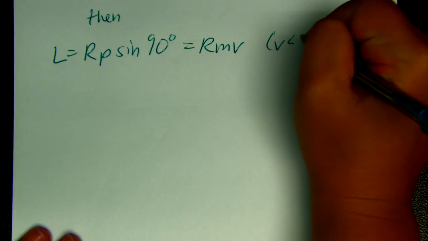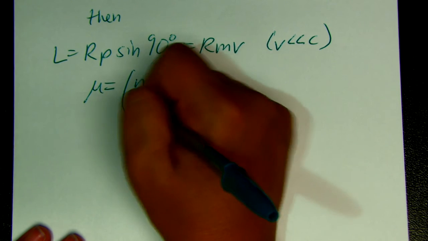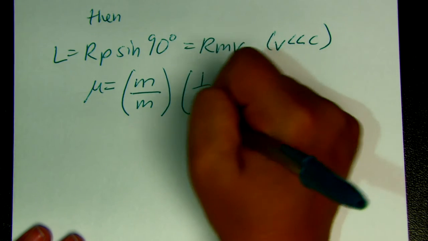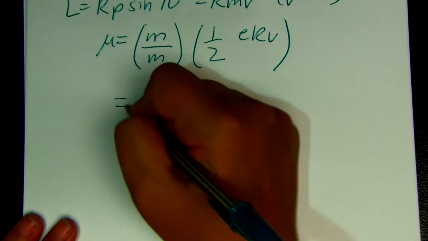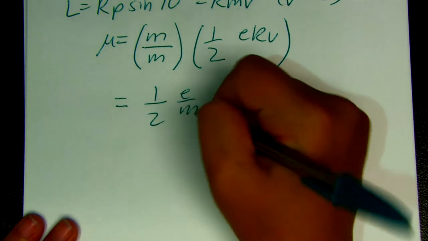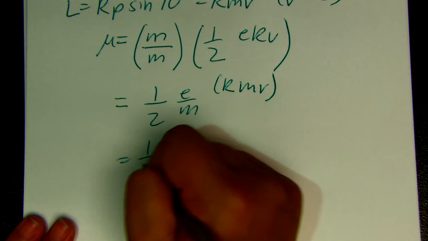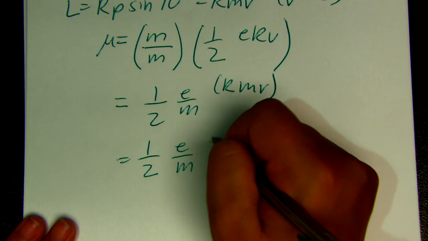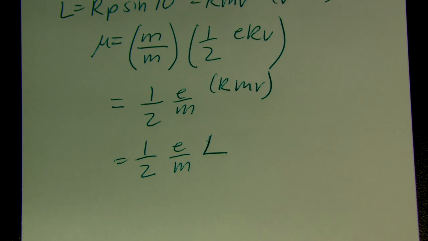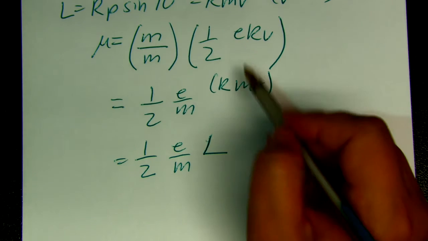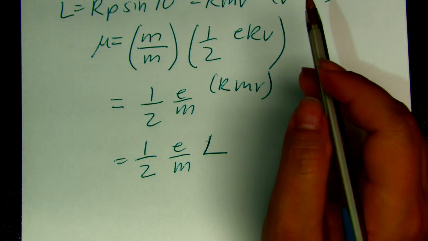And this is, of course, for v much, much less than c. So mu is equal to, we're going to add in a clever 1, m over m, 1/2 e r v. And so from here, this is equal to 1/2 e over m times r m v, which is equal to 1/2 e over m times L. So that was our whole point, to get something where we would have angular momentum right there. These are the games we play. So now we have our factor.